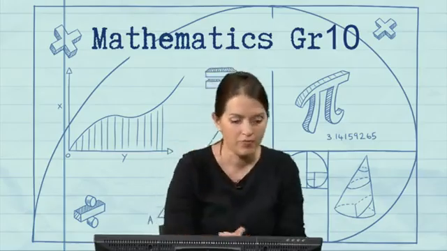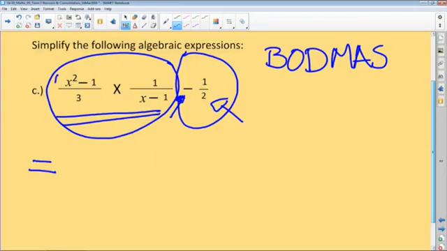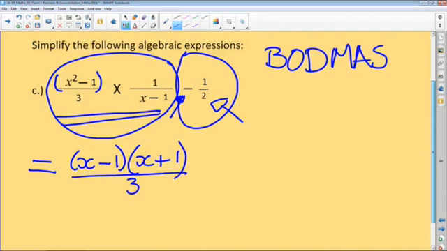So let's look. I've got x squared minus 1. And if you saw that that is a difference of 2 squares, you would be absolutely correct. Let's put it over the denominator of 3, and it's being multiplied by 1 over x minus 1.